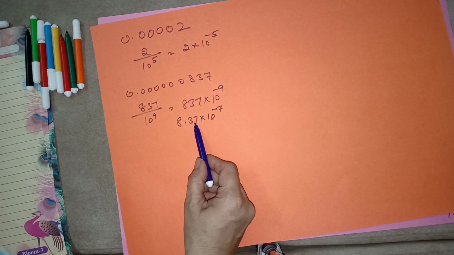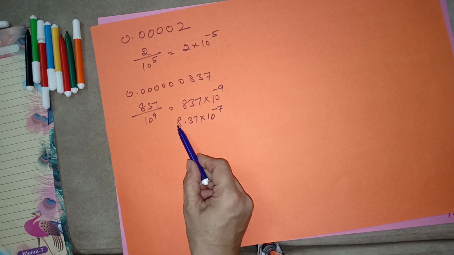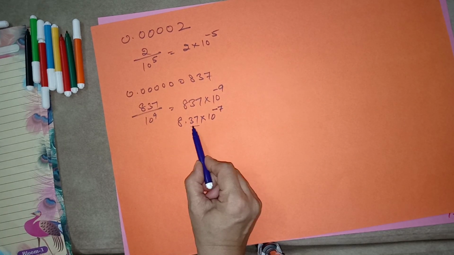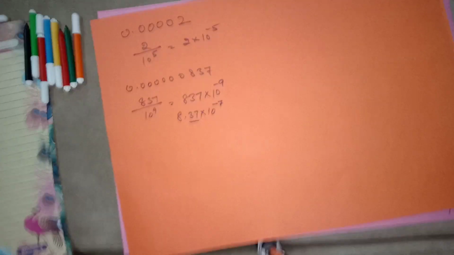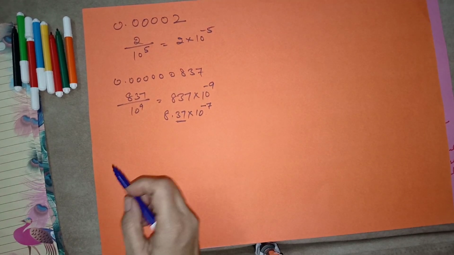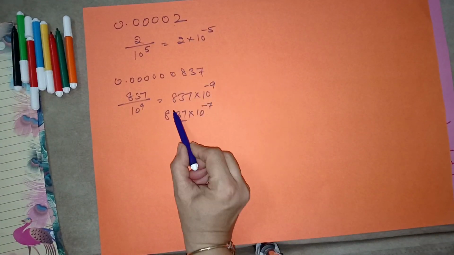Why? Because I had put the decimal after one digit, then these two numbers are shifted here. Is it clear? I can write 8.37 multiply 10 to the power minus 7. This is how to write in the standard form.